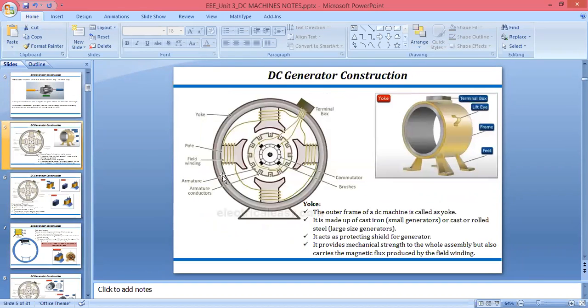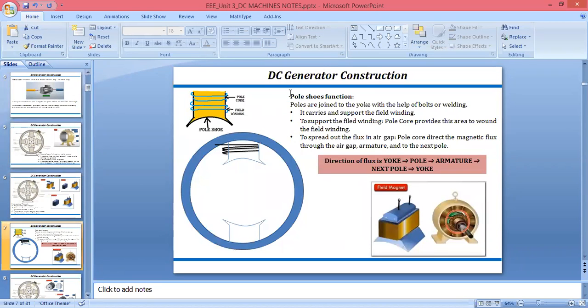If you see the construction, this is the yoke. We are using pole. On pole we are doing field winding, and we are connecting that pole to the yoke. हम क्या कर रहे हैं, ये जो हमारे पास जो पोल है, we are connecting this to the yoke. So we can say here, poles are joined or connected to the yoke with the help of welding.